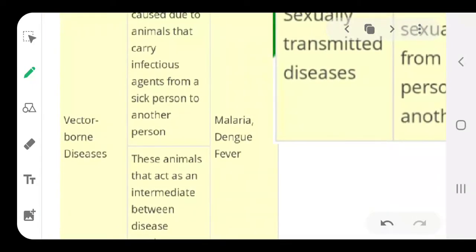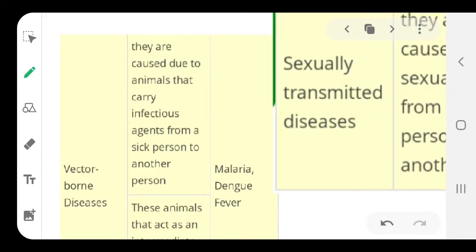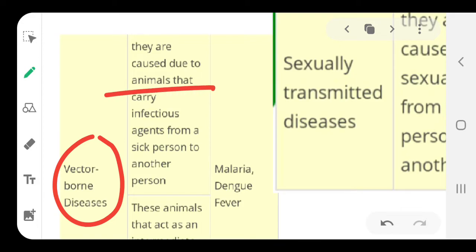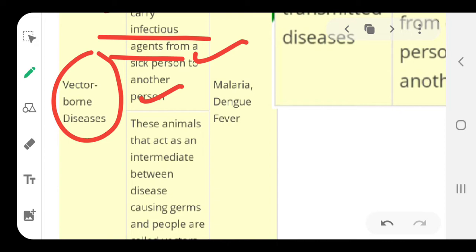Then comes the disease called vector-borne disease. Underline the word vector-borne disease. Okay. Normally you know what a vector is. They are the transmitting agents of these various diseases. They are caused by animals or insects that could be carrying an infectious agent from a sick person to a healthy one. These animals act as intermediates between the disease-causing germs and the people.